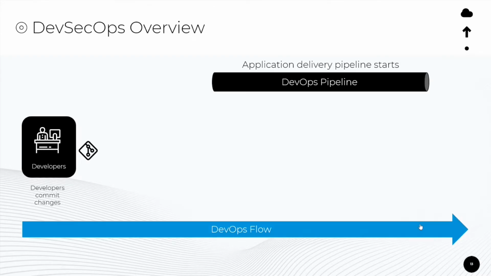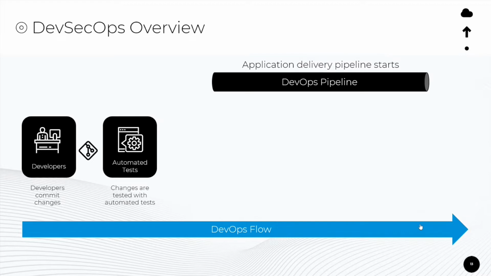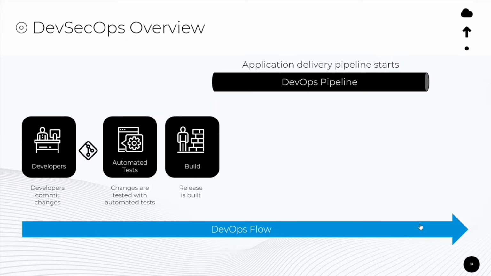Now, when it comes to the DevOps flow, you have the developers committing the changes, and then you have the automated tests performed for the changes that have been committed. Then you have the build stage where the release is built.